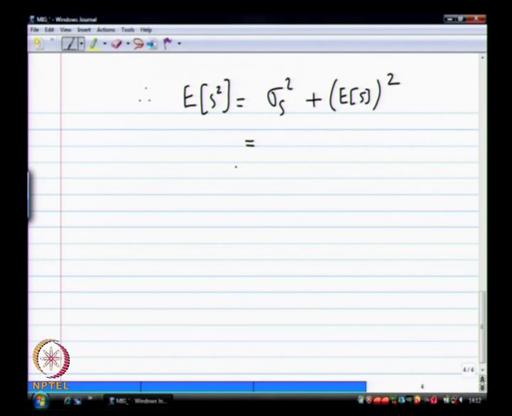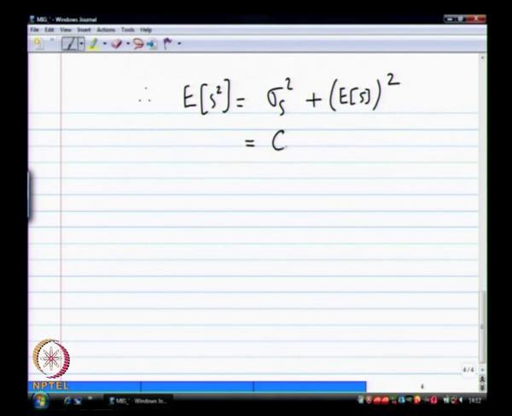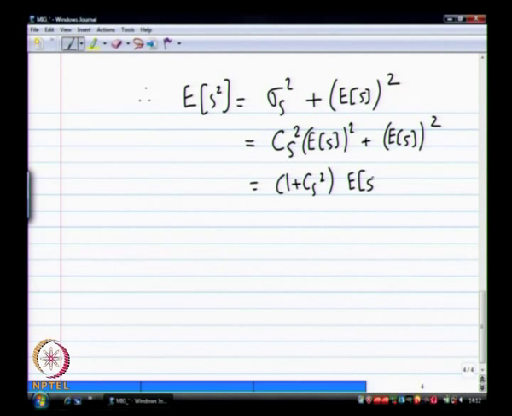And sigma squared is equal to what? Let us bring the CS squared definition. So it is basically CS squared into E of S whole squared, right. So all in all we get this thing, 1 plus CS squared, that is my E of S squared, right.